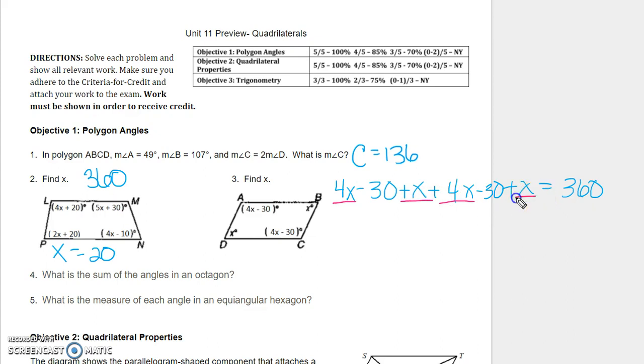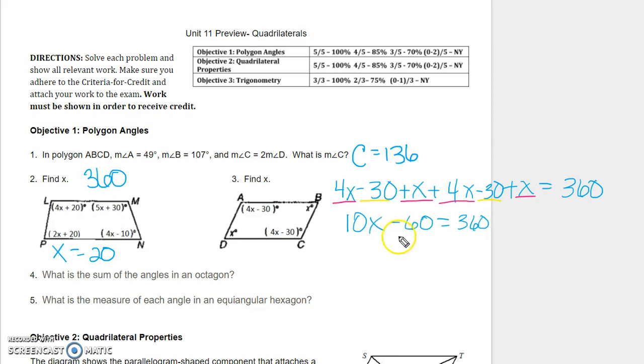I'm going to add all my x's together and then come back and combine all my numbers together. That's simplifying an expression. I have 4x, 1x is 5, plus 4 is 9, plus another one is 10. So I have 10 x's. My yellow numbers, I have negative 30 and negative 30. That's negative 60. So I have 10x minus 60 is equal to 360.